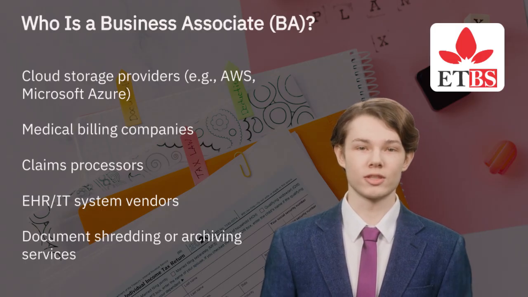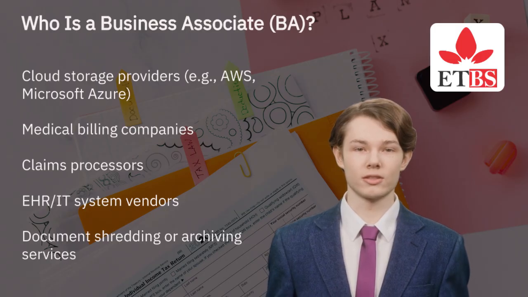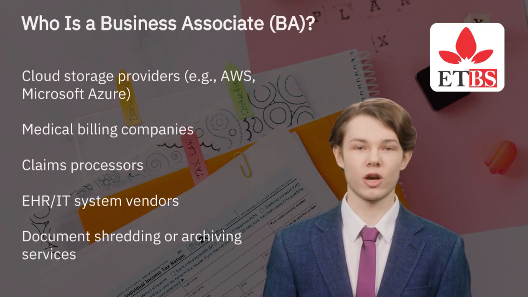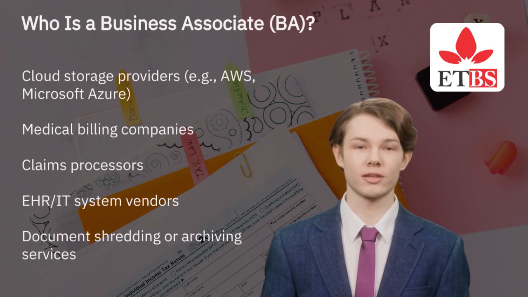Examples of business associates include cloud storage providers, e.g. AWS, Microsoft Azure, medical billing companies, claims processors, EHR and IT system vendors, document shredding or archiving services, legal or accounting firms with access to PHI, telehealth and mobile health application providers. Even subcontractors of BAs, called business associate subcontractors, BASs, are bound by HIPAA and must sign downstream BAAs.